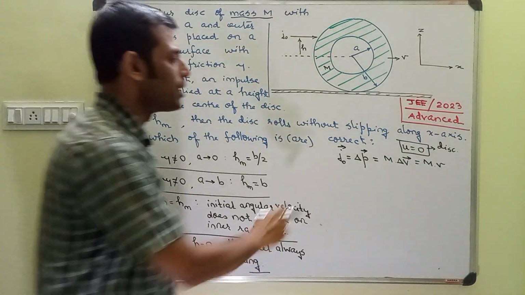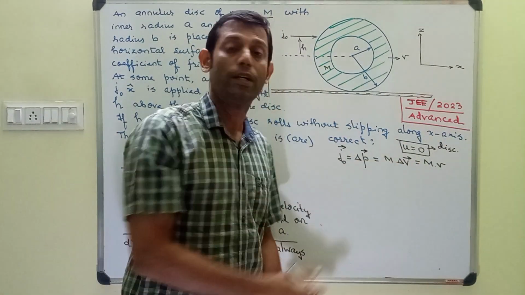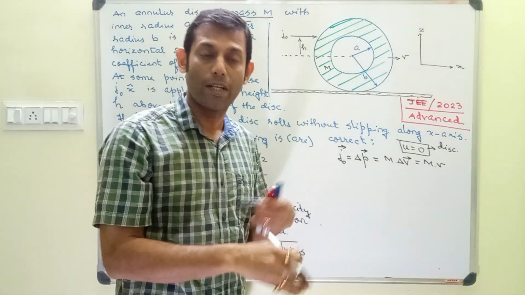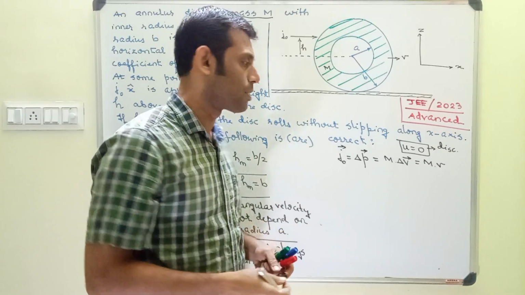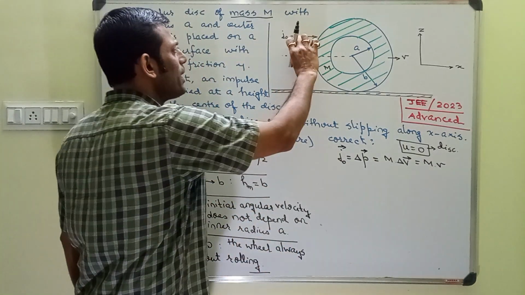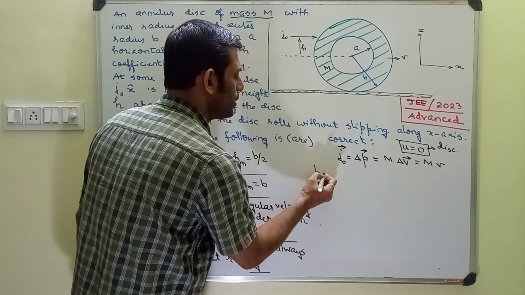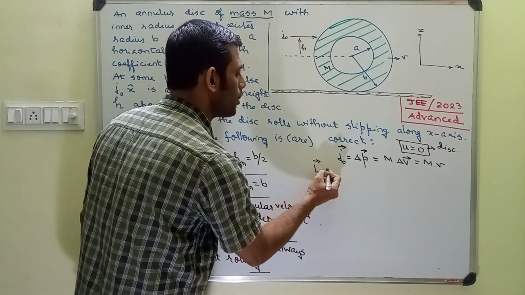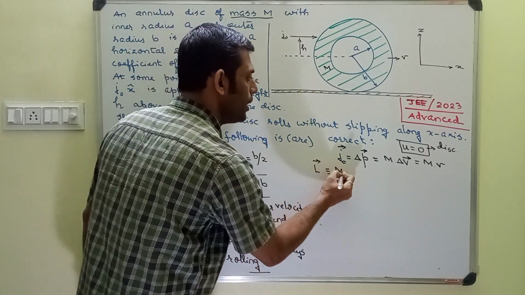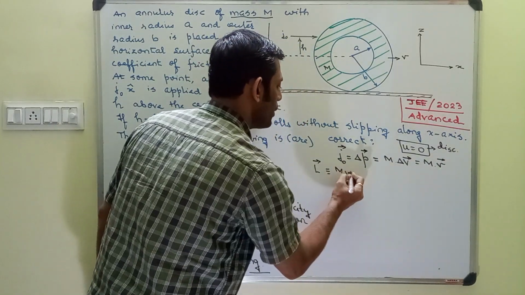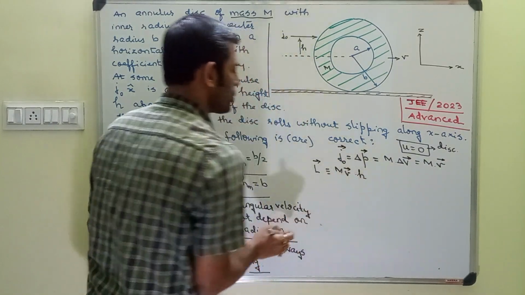Now, the impulse converts to a pure momentum value after applying that impulse. Applied at a height h, it can convert to angular momentum. Angular momentum will therefore be equal to m into v into h.